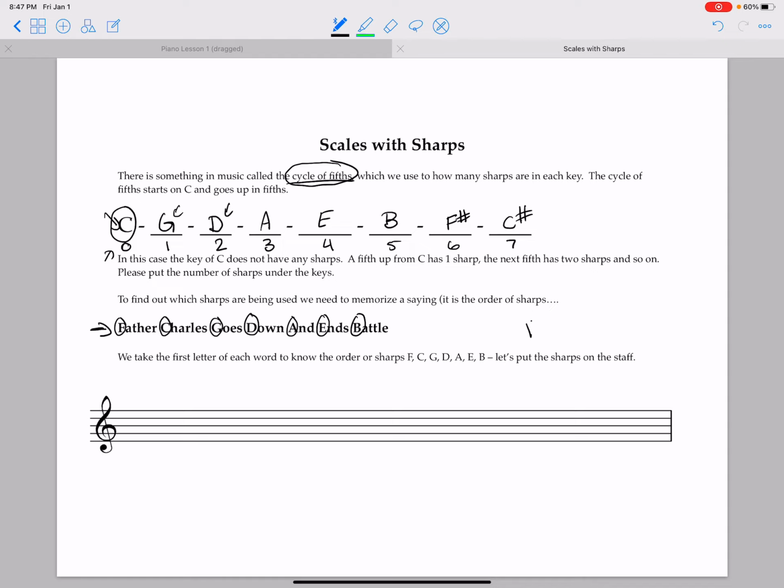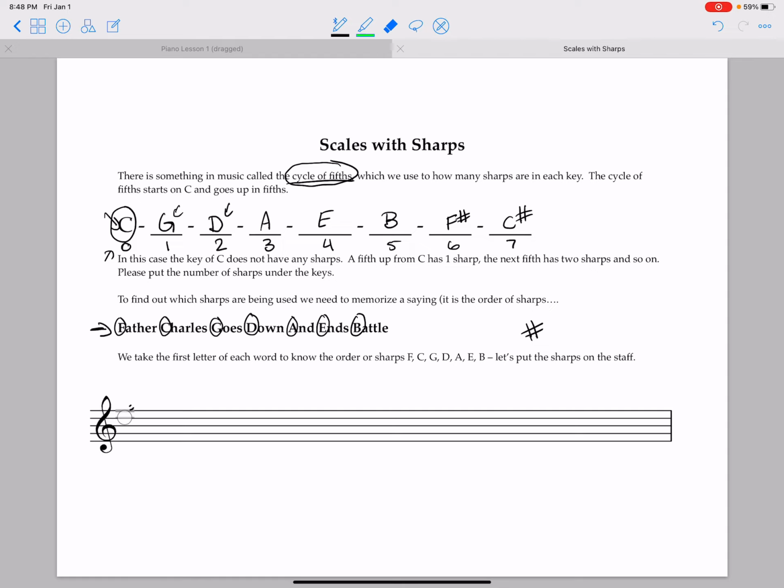Now sharp looks like a hashtag or a tic-tac-toe board. And we want the middle square of the tic-tac-toe board to go where the note would go. So our F is going to be on the top line, which means the middle square of the tic-tac-toe board needs to go through that sharp.